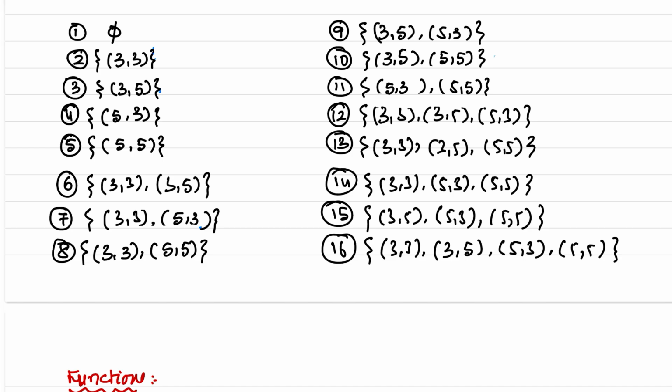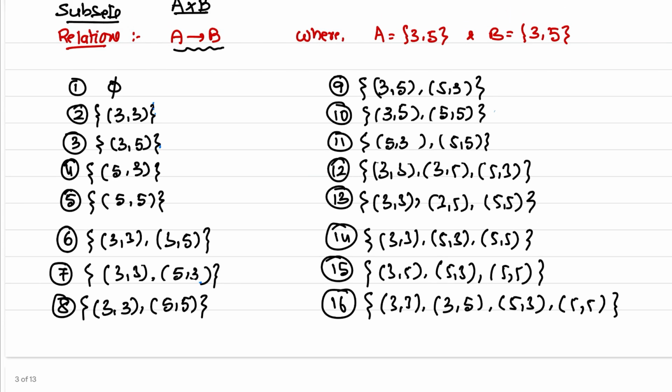There is no input defined, because A is 3 and 5. 3 and 5 are not defined. Just see, in 3, 5, there is a relation between 3 and 5, but there is no relation between 5 and 3.